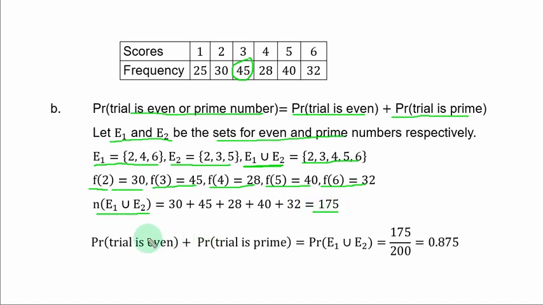So the required probability that trial is even or trial is prime is simply probability of E1 union E2, and that is 175 over total outcome 200. When you divide, you have 0.875 as the required probability.